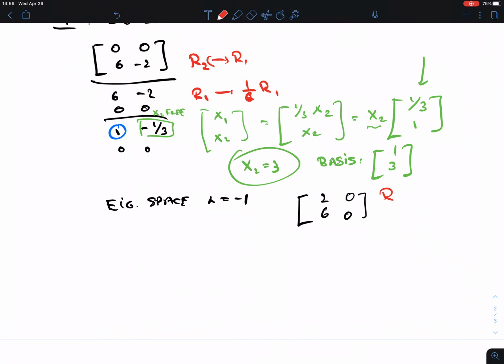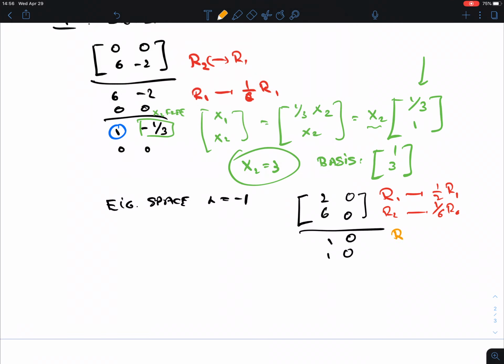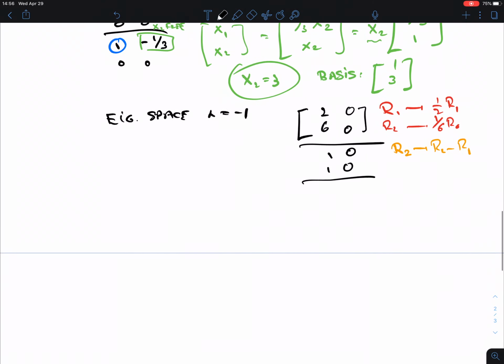I can do row 1 divided by 2 and row 2 divided by 6. I get 1, 0, 1, 0, and then of course row 2 subtract row 1 from that, and I get the matrix 1, 0, and 0, 0.